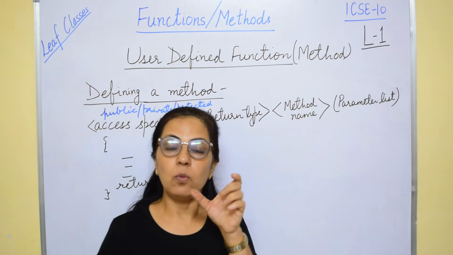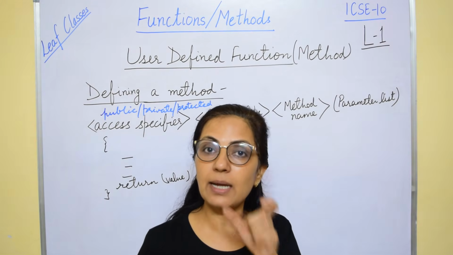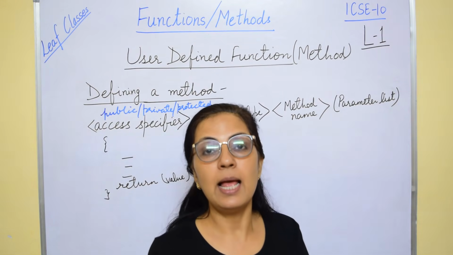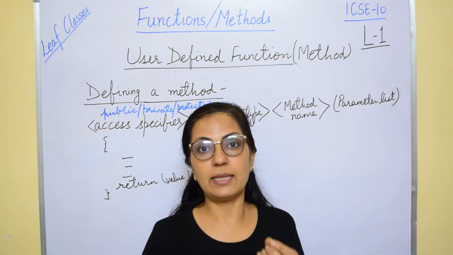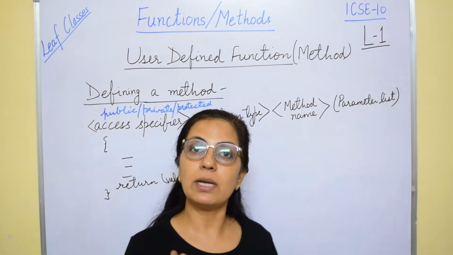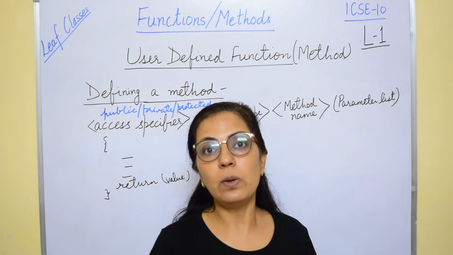Return type, what that function will give you, which value, the type of that value is the return type, right? Like if we take the examples of predefined function and I am using math.sqrt, that will always give me the value in double type.